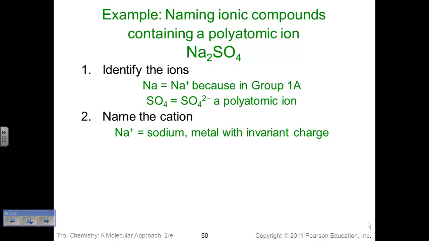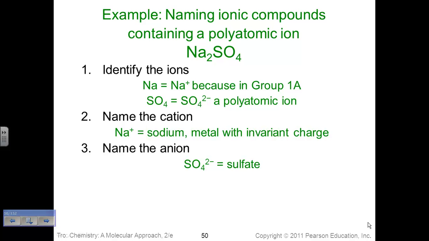Find your polyatomic ion chart that I asked you to print. In the middle column, halfway down or so, you will find a polyatomic ion, SO4, with a -2 charge. Its name is sulfate.